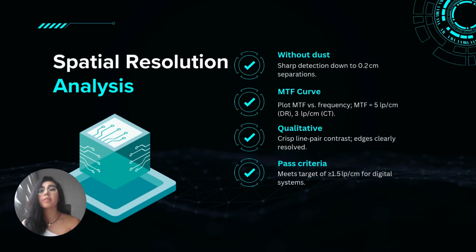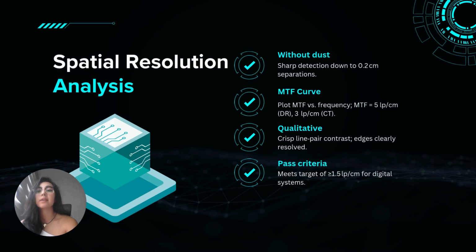In the scans without metal dust, we were able to clearly resolve slit separations down to 0.2 centimeters. When analyzing the modulation transfer function, or MTF, we found that the MTF 10 cutoff was 5 line pairs per centimeter for digital radiography and 3 line pairs per centimeter for the CT scan.